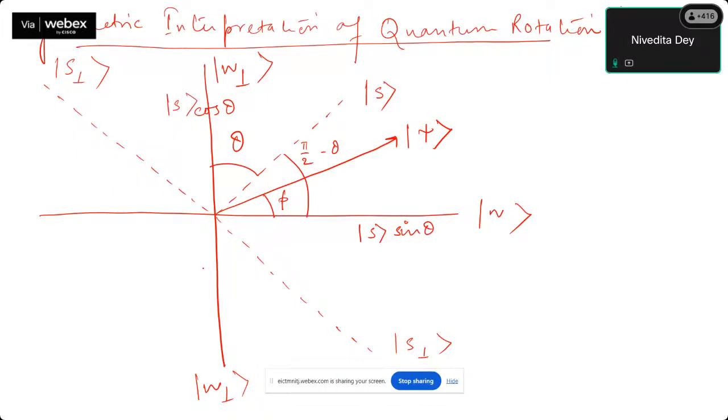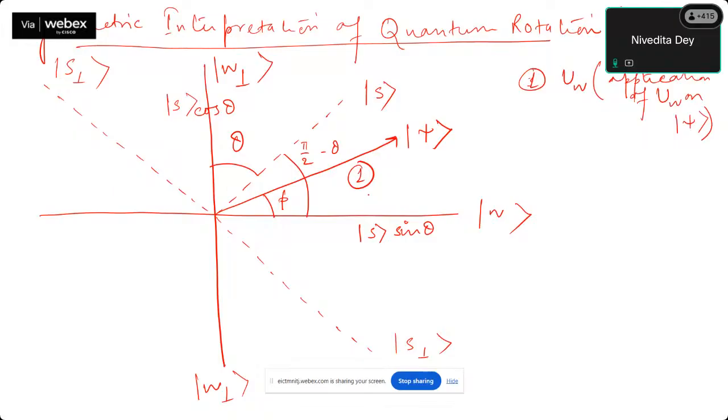Now say on application of your UW, sorry, not the US, the UW. This is application of UW on psi. This is what I am marking as 1.